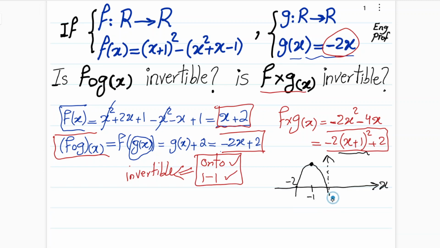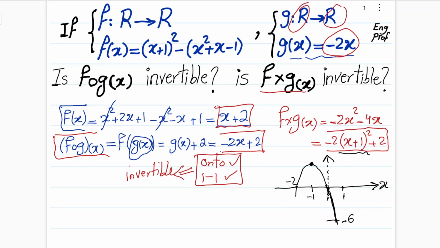So it's going to go down quickly, so that when x is equal to 1, it will reach negative 6, and so on and so forth. It looks like a sort of bell shape, and the peak value is 2. Obviously, you can see visually that this is not one-to-one, assuming the domain and codomain of real numbers that are given to us.